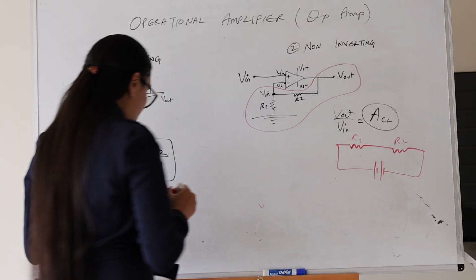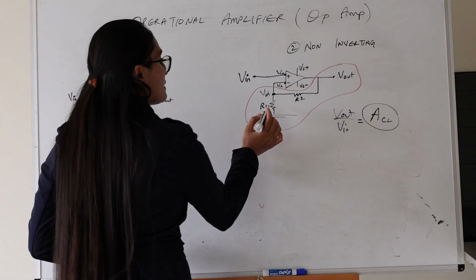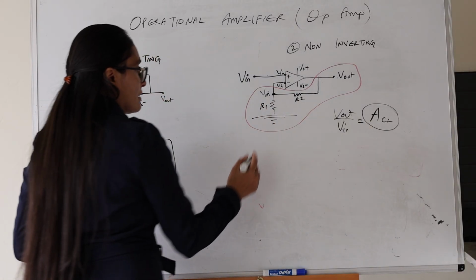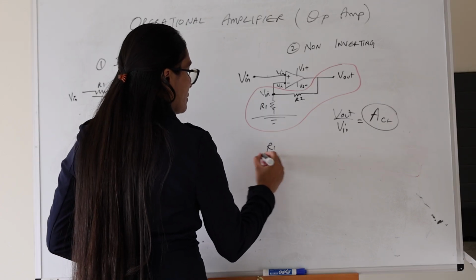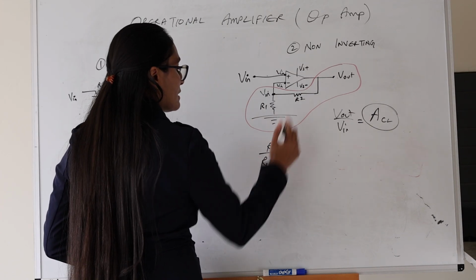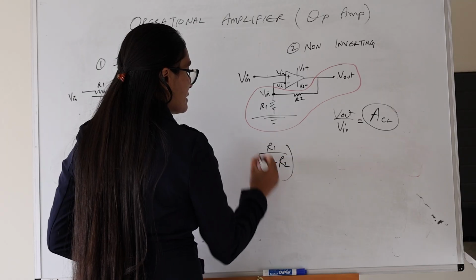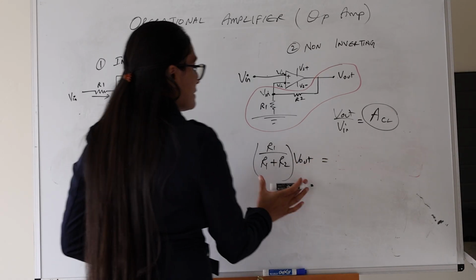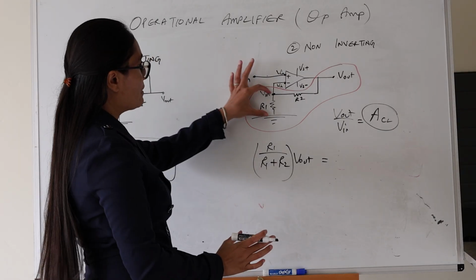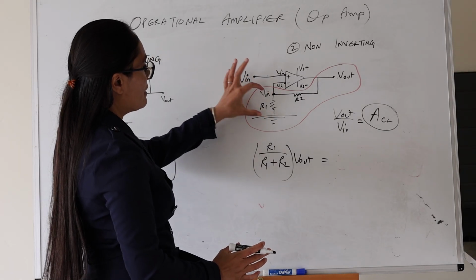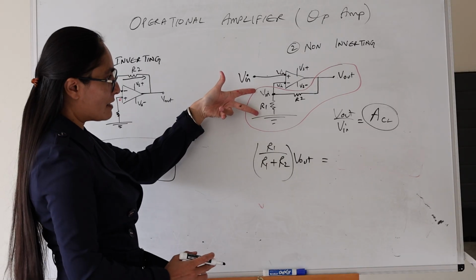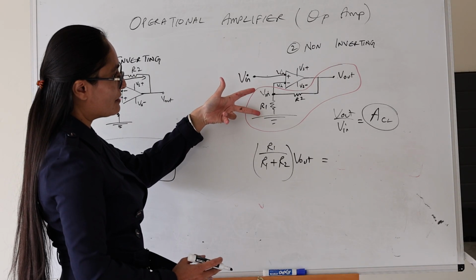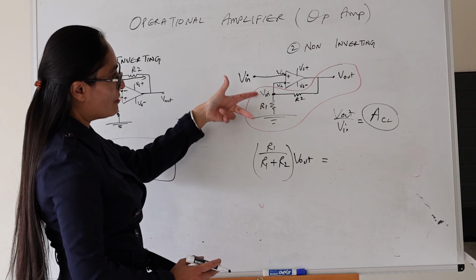That is similar to saying you have a battery connected like this. So from the voltage divider, we know that the voltage drop across this R1 is R1 over R1 plus R2 times Vout. And from this diagram here, you can see the voltage drop across R1 is Vn minus 0.